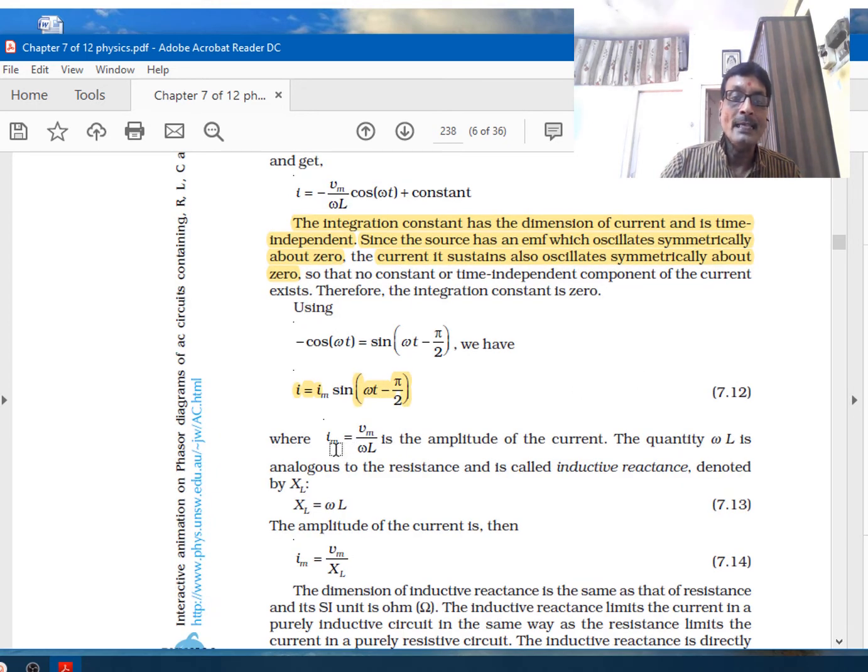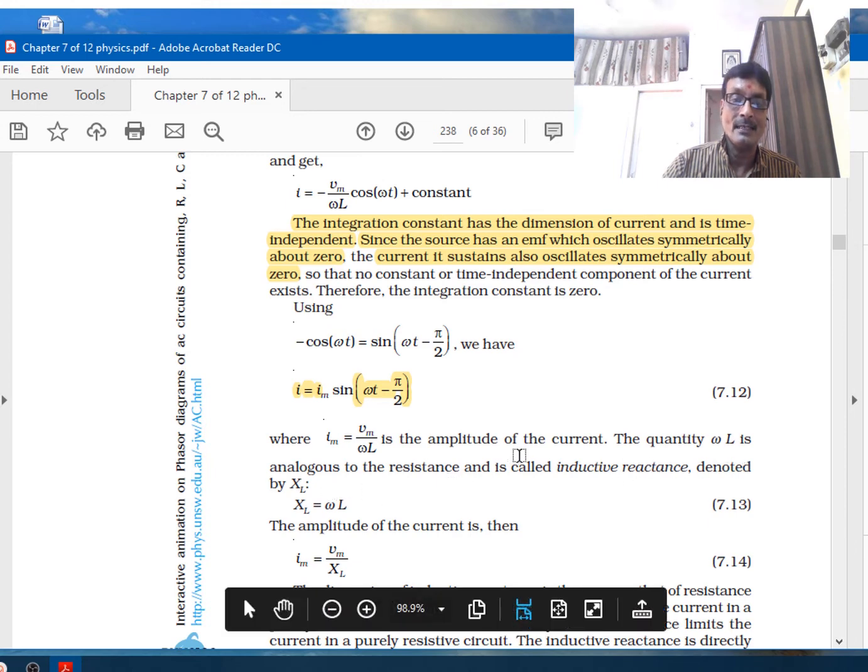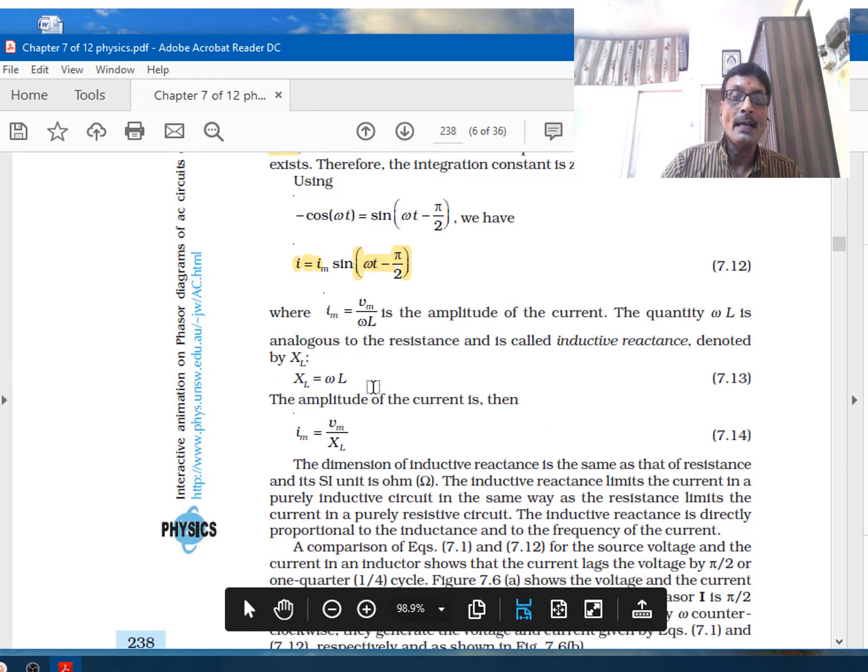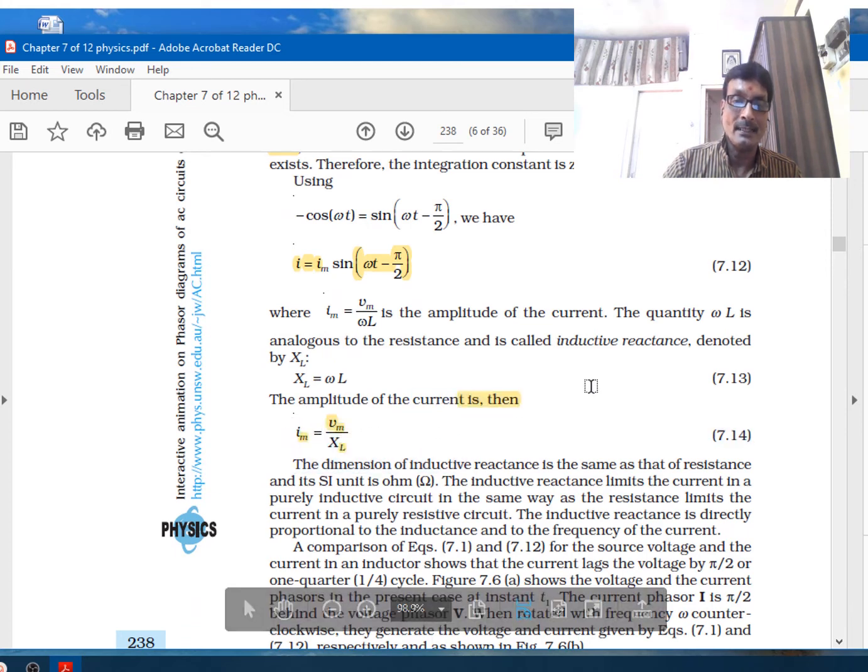And now Im equal to Vm by omega L is the amplitude of the current, and the quantity omega L is analogous to resistance and is called inductive reactance, denoted by XL. So XL equals omega L, and so we can write Im equal to Vm by XL.